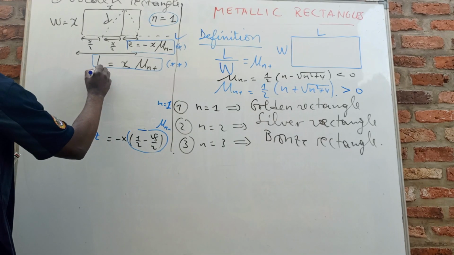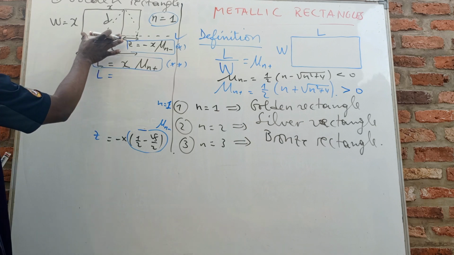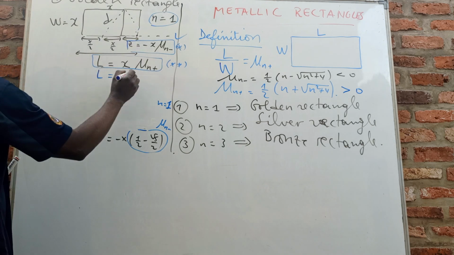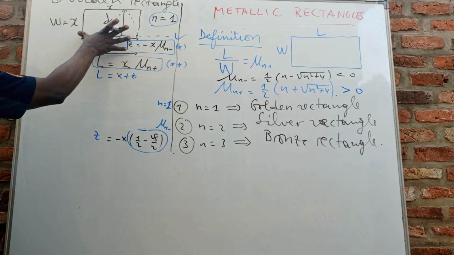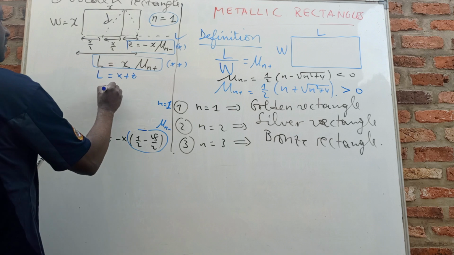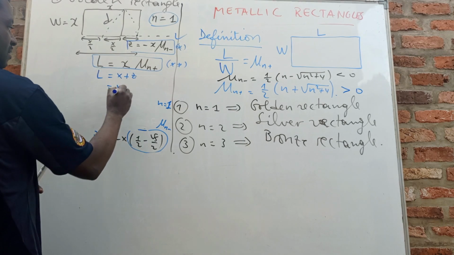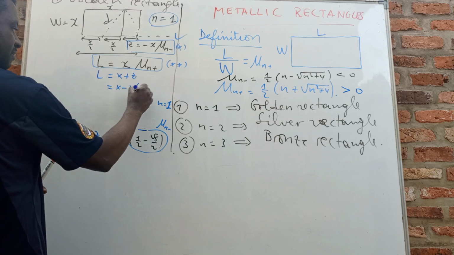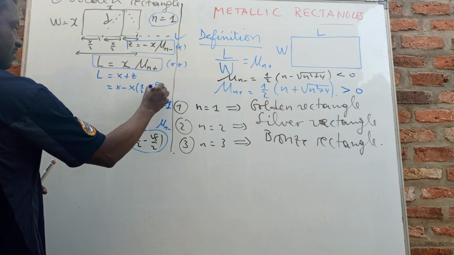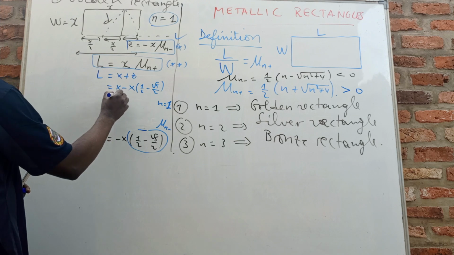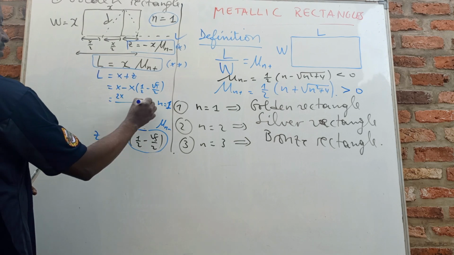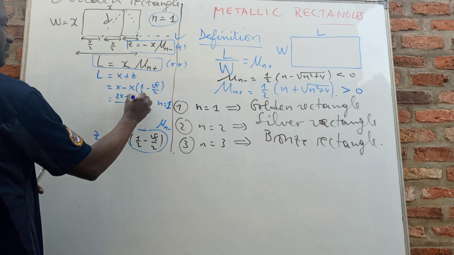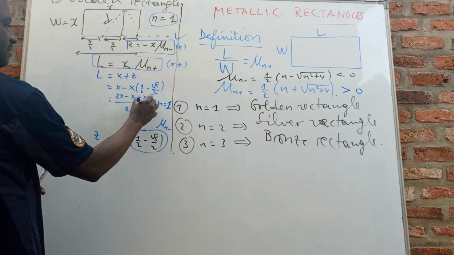What you have here is x plus z in order to get the length, and it is x plus or minus x times half minus the square root of 5 over 2. So with a common denominator, 2x over 2 minus x, distribute, plus x square root of 5 over 2.